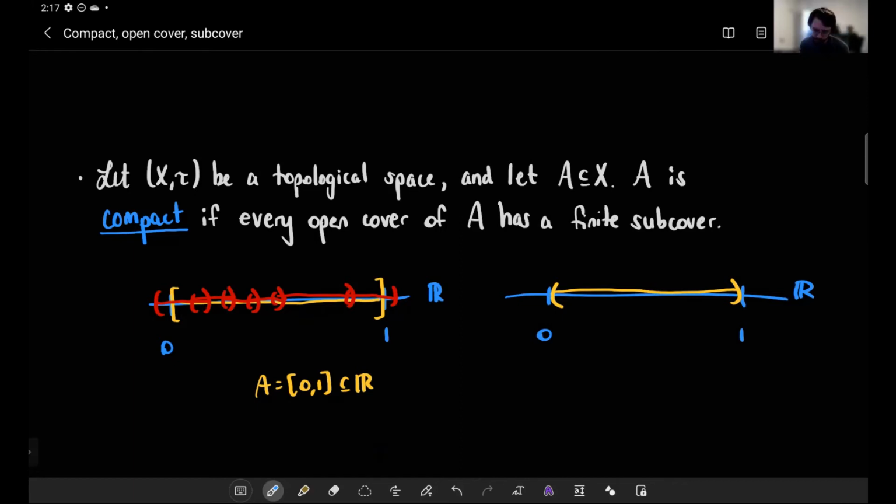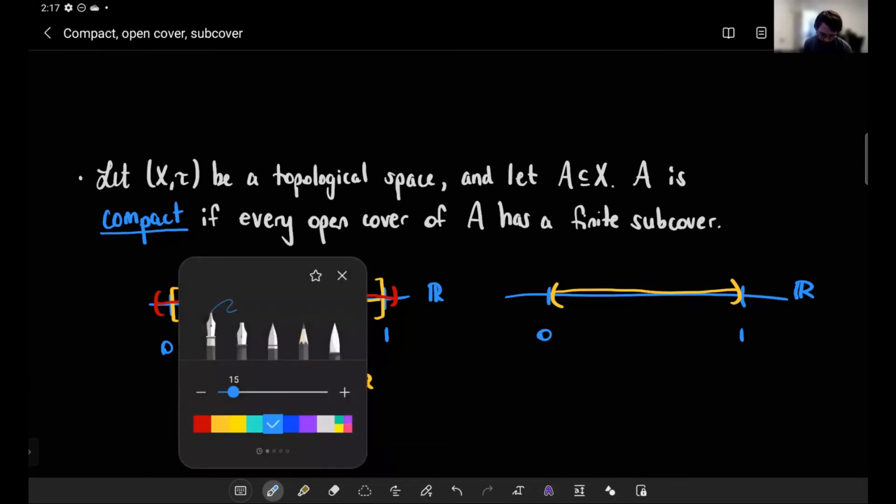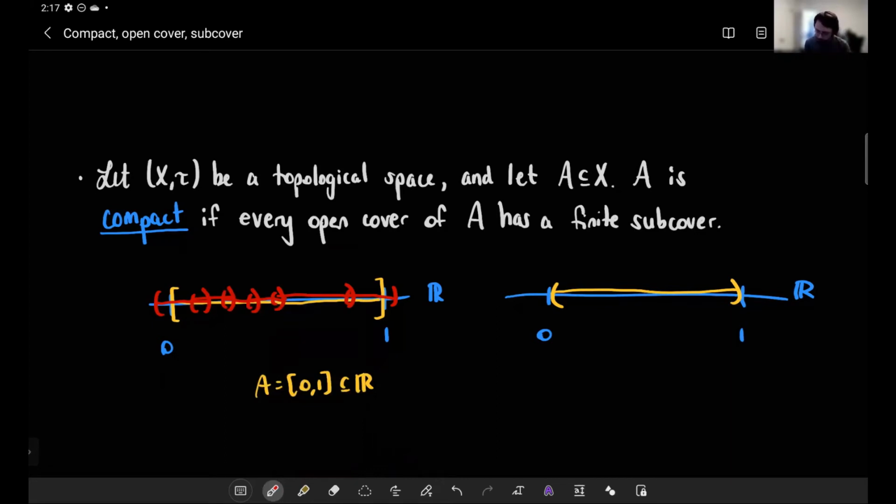But that won't be sufficient for compactness because you'll be able to take some infinite open cover and make it impossible to get a finite subcover. So maybe I could take 1/2 to 1 or something, and then I get smaller and smaller each time, and I get infinitely close to 0. I keep getting closer and closer, so that in the union, I get everything.